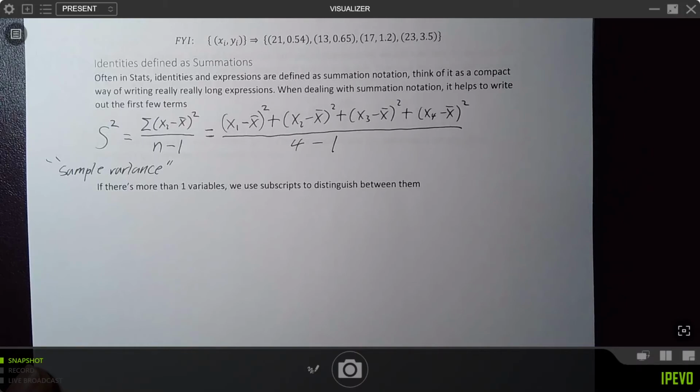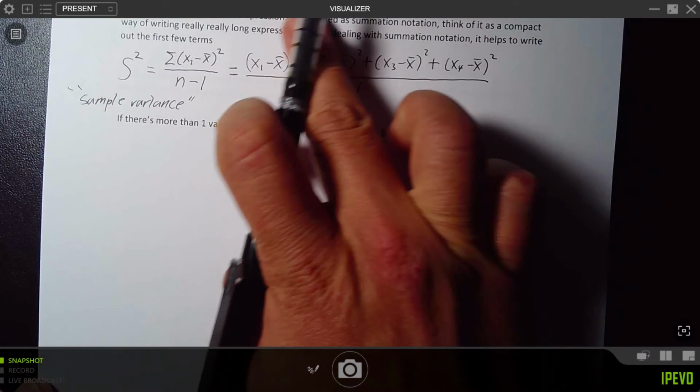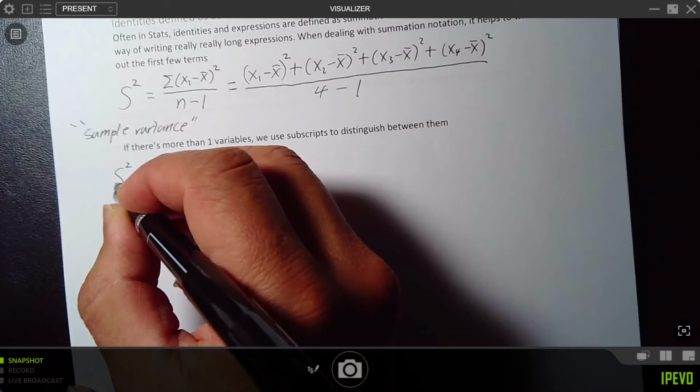Now notice here I just assumed x, and by default we typically assume x. However, in our data set we have more than one variable, so we're going to need to use subscripts to distinguish between them. What I should have written above, given that my data set has both x and y in it, is a subscript.